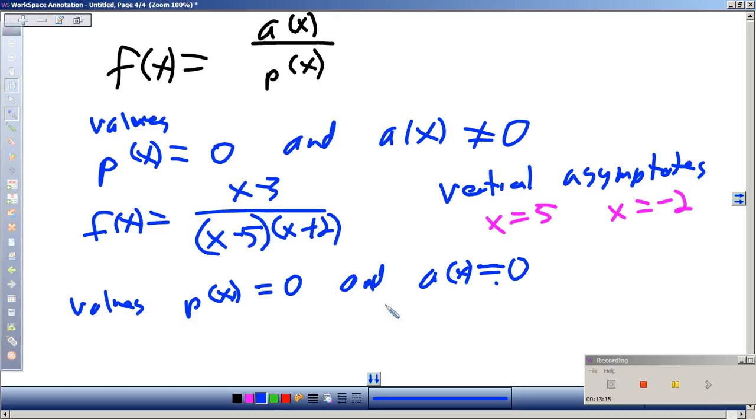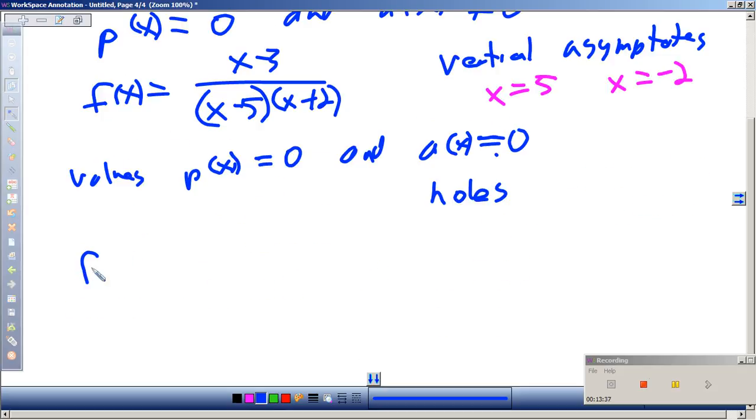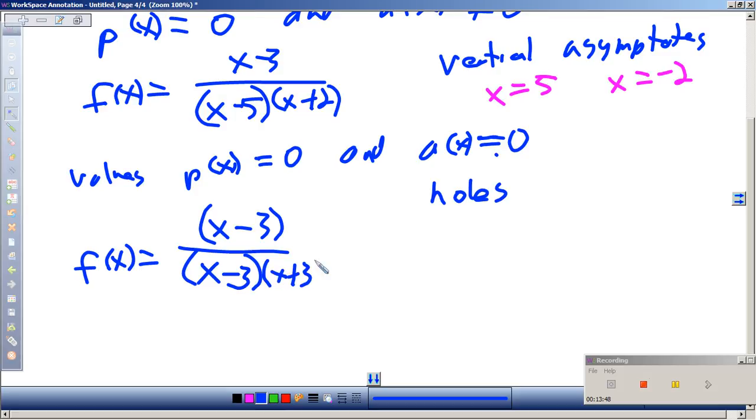You get undefined things, but what features do you have in the graph? The point is continuity. Yeah, removable discontinuity. So this would be, say, f of x equals x minus 3 over x minus 3, x plus 3.